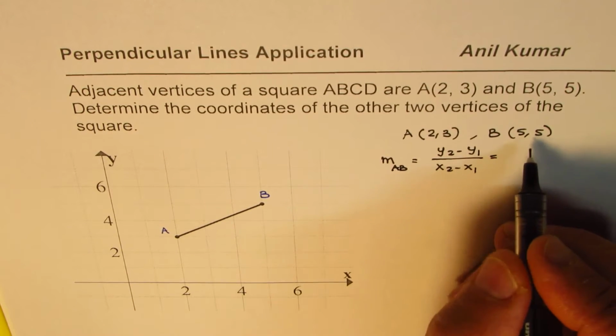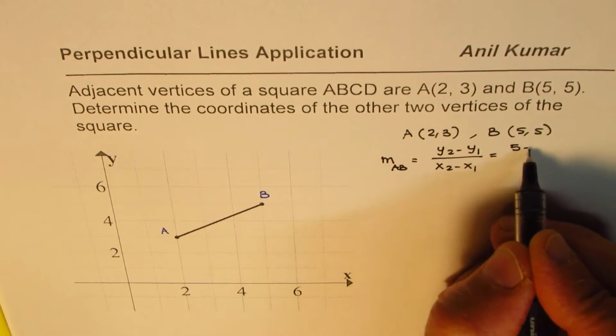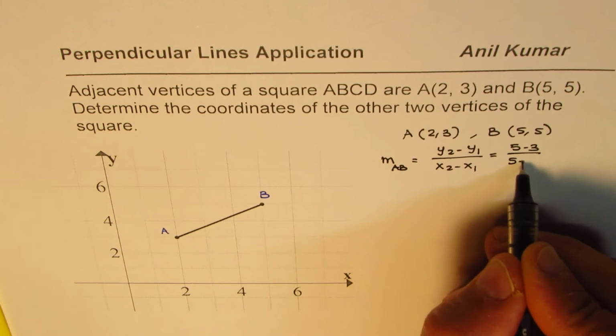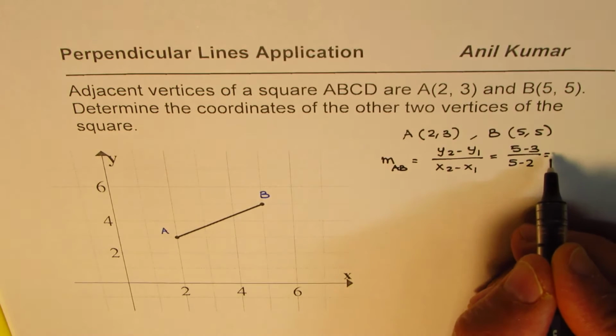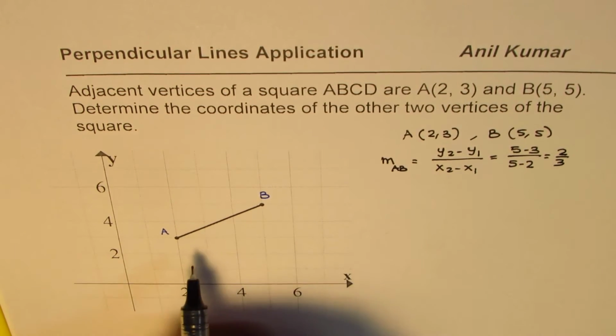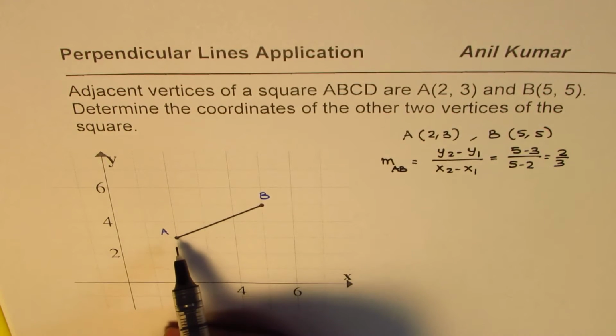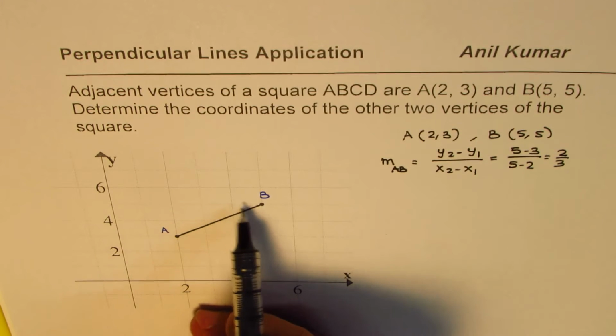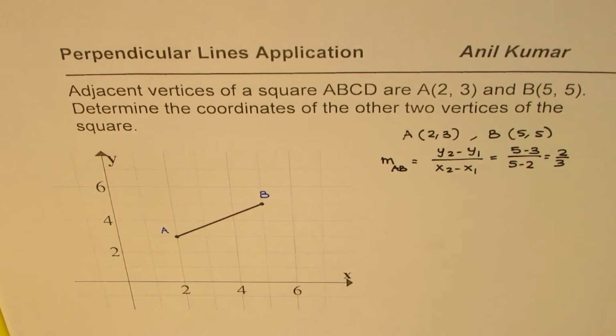That gives you 5 minus 3 divided by 5 minus 2, or 2 over 3. So that is the slope of this line, 2 over 3. That means a rise of 2 and a run of 3. So that is what is given to us.